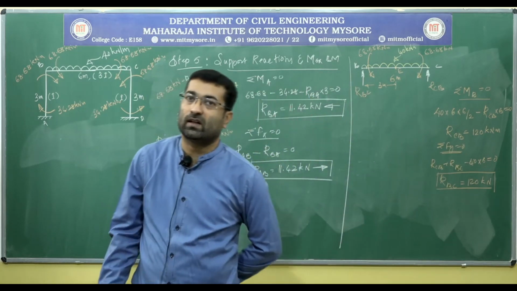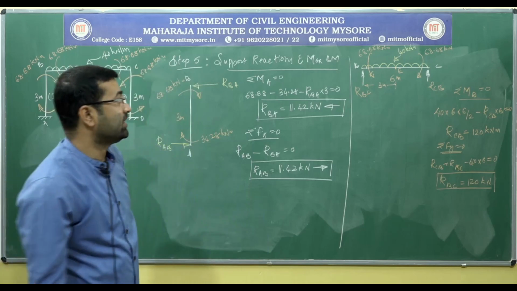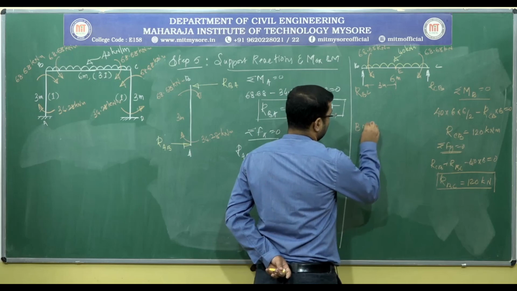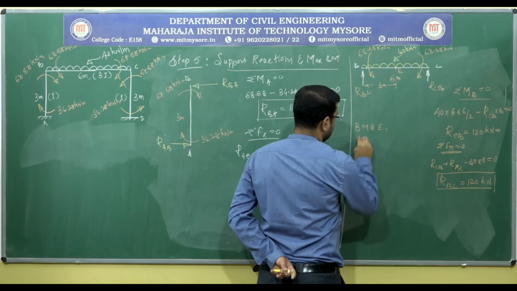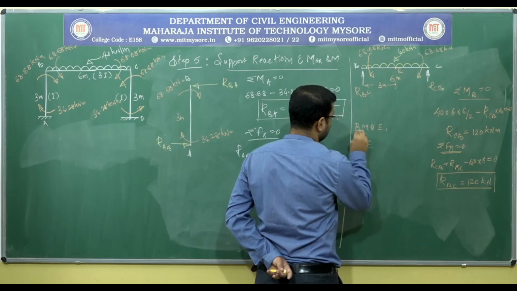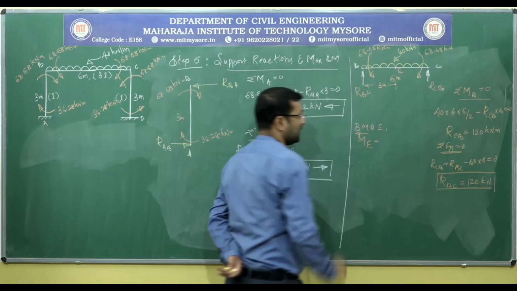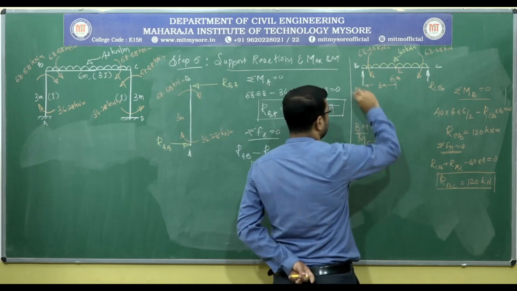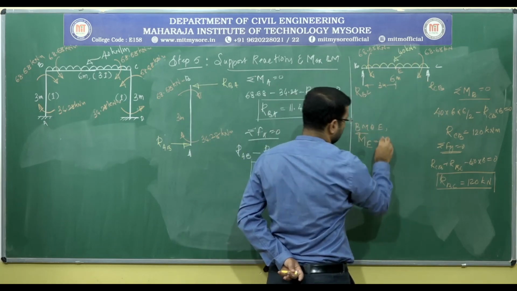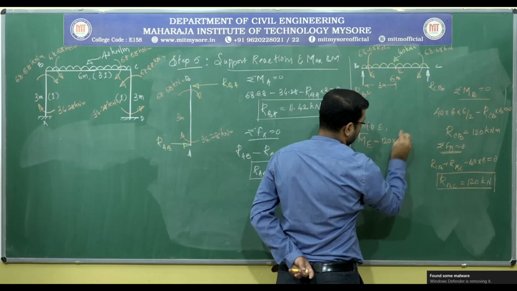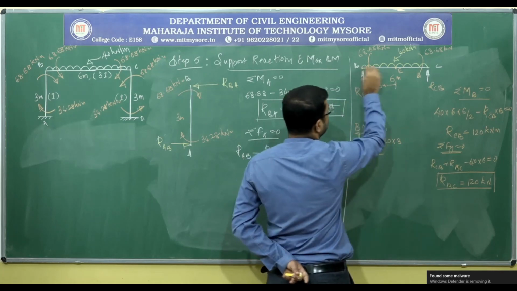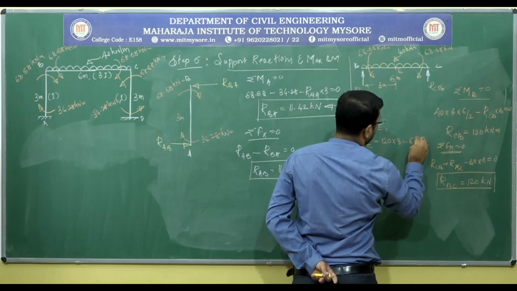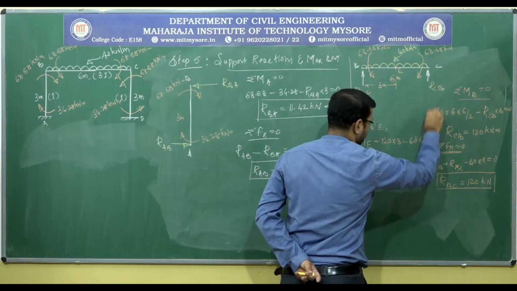So straight away you can calculate the bending moment exactly at the center. Bending moment at E, that is ME, is equal to, you can consider the left portion. On the left side we have RBC, which is creating a clockwise moment. So it is 120 into 3 minus, we have this load, minus 68.68.